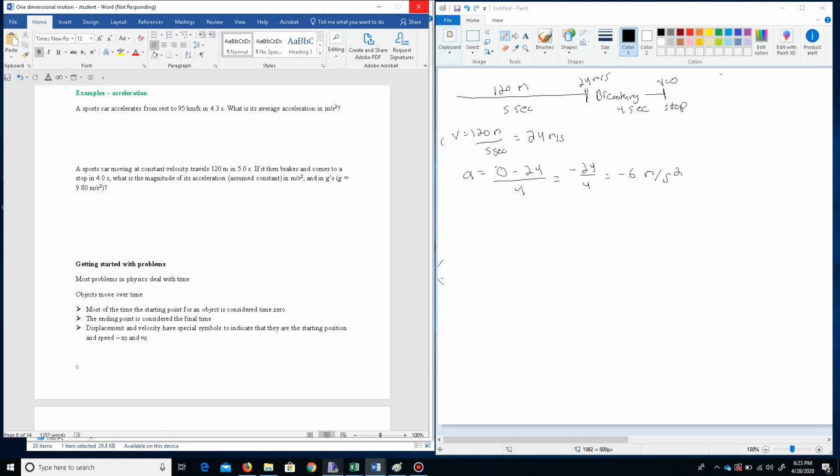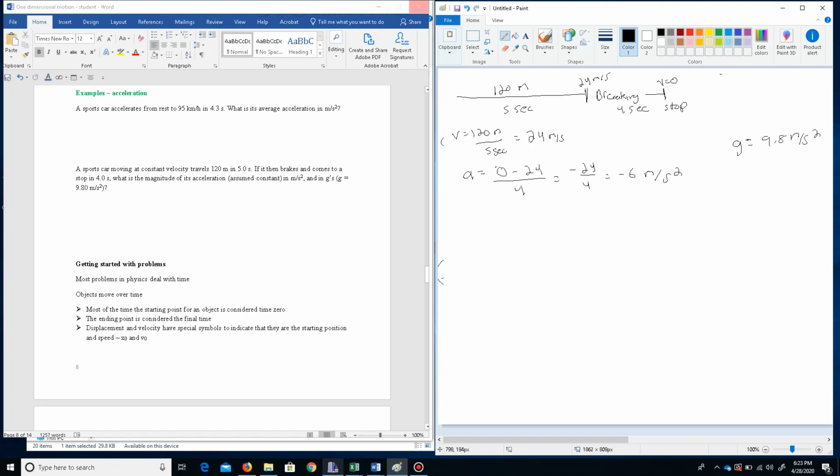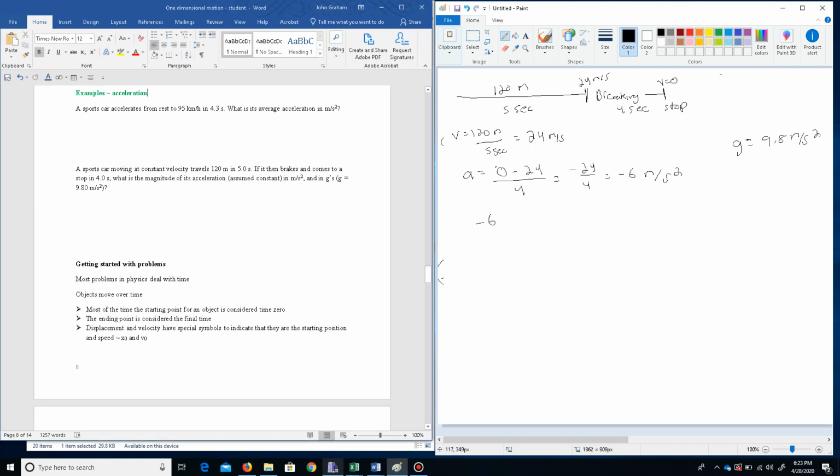Right, so now this part of the question asks how many G's? Well, G is just equal to 9.8 meters per second squared. That's gravity. So we want to know how many G's. We'll take the negative 6 meters per second squared times 1 over 9.8 meters per second squared.